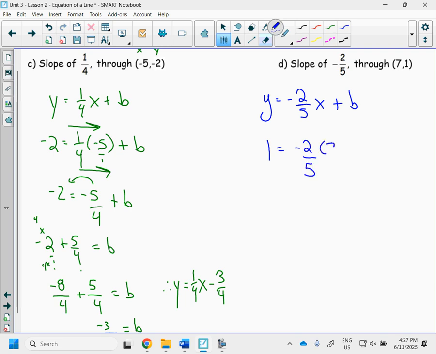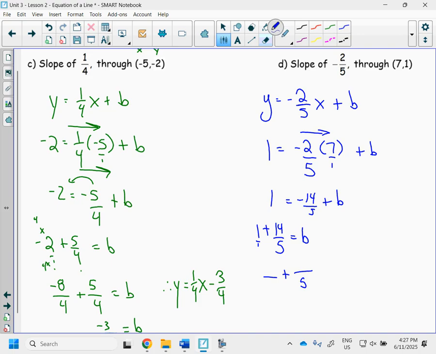Okay, my x is 7, which I know is technically over 1 to save myself some future angst. I know I'm going to multiply straight across. I know I'm going to bring it over. I know I need a common denominator.